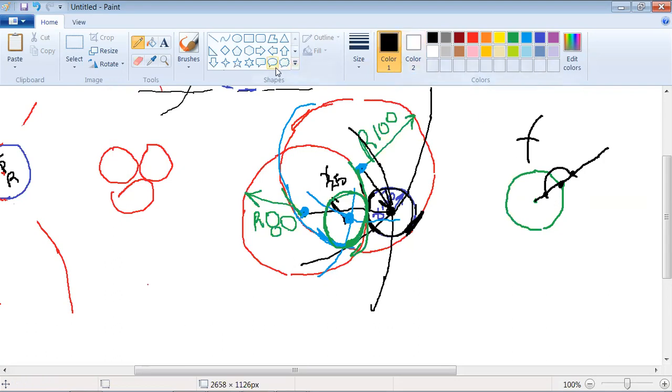We're going to use a ruler, and you're going to join this point to this one here. All right, and this line will be tangent to the circle here.